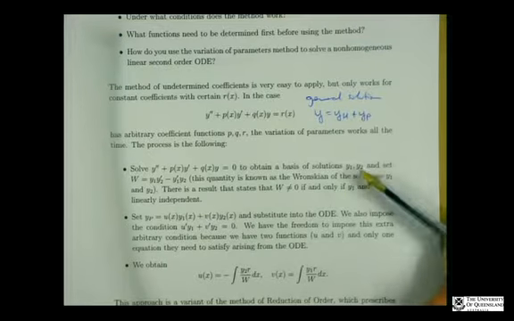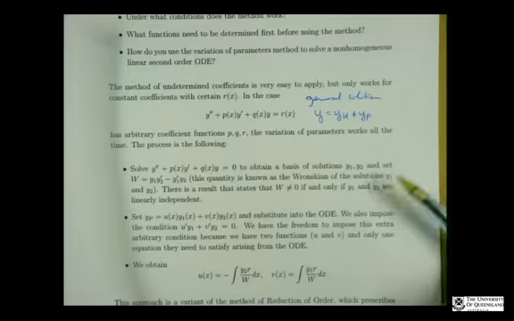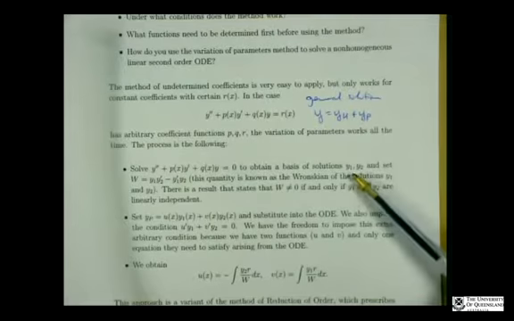It's very easy to determine whether or not two given functions are linearly independent simply by taking their ratio and seeing if it's a constant. If the ratio is a constant, clearly one is a multiple of the other, and so they're not essentially different, or in other words, linearly independent. So that's what we do to start with: work out the linearly independent solutions, y1 and y2.